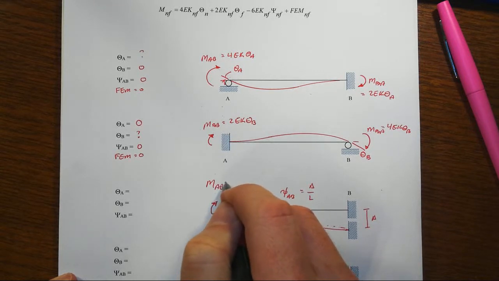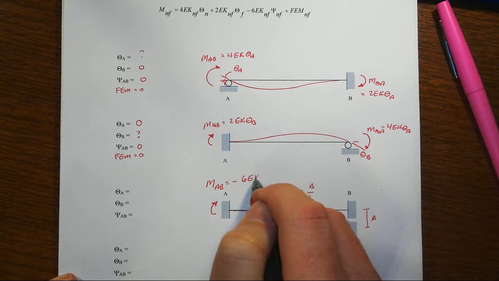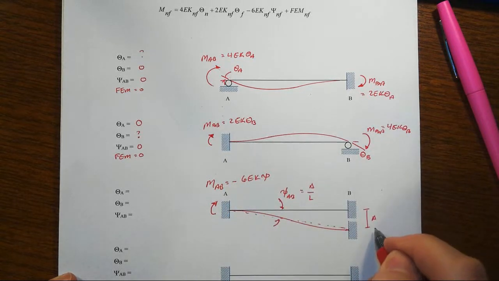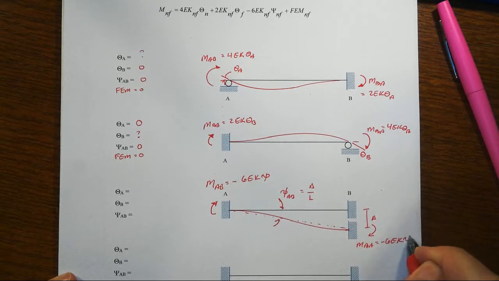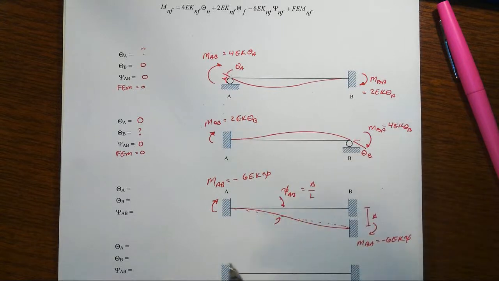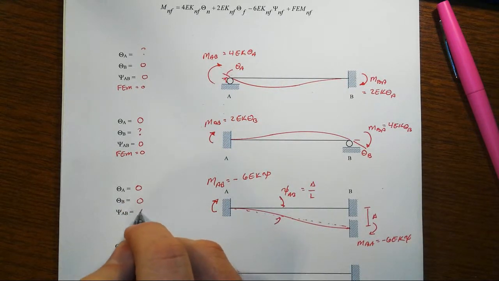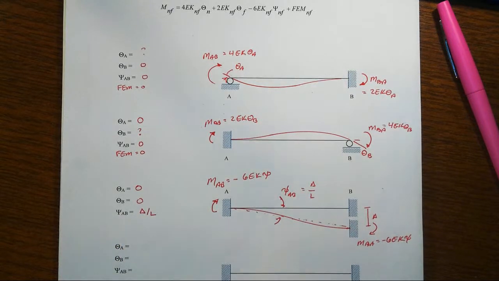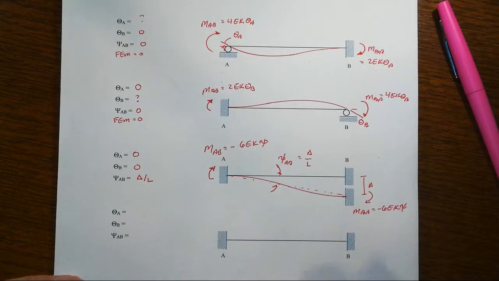That's again MAB. It can't actually act that way, so that's why it's the minus 6EK times the psi term. Likewise at the far end, it looks odd because we're showing it not the way it's physically acting. That will also be minus 6EK psi. So there are your first, second, and third terms, with no rotations, but our chord rotation is delta over L. Then the final term is the fixed end moment term.